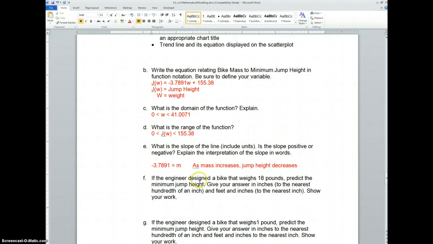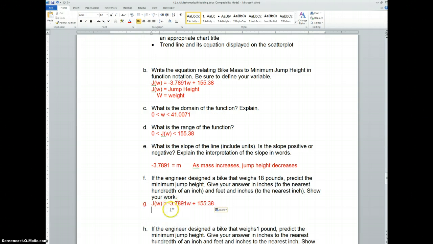Okay, if an engineer designed a bike that weighs 18 pounds, predict the minimum jump height. All right, well, our equation's here. So let's put down our equation. And we're going to plug in for W 18.